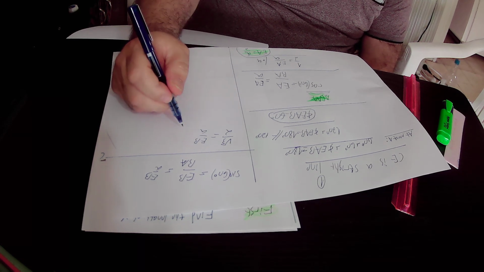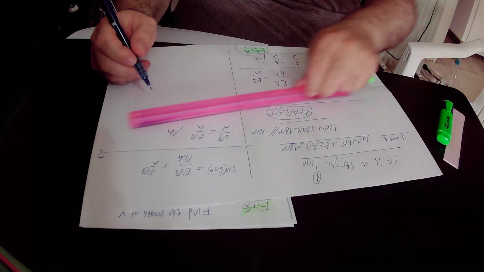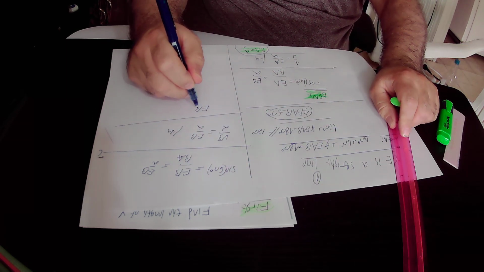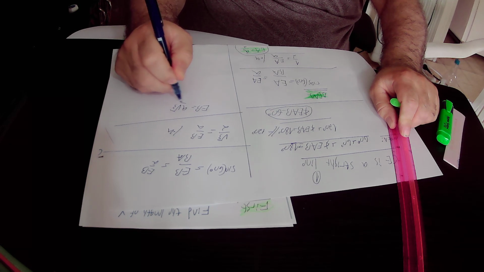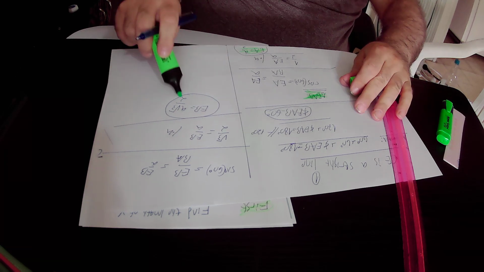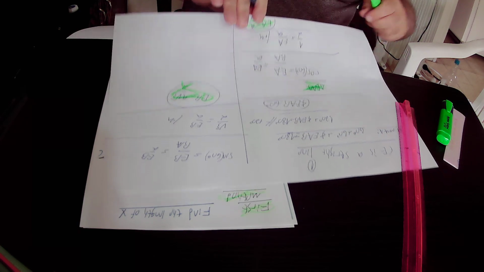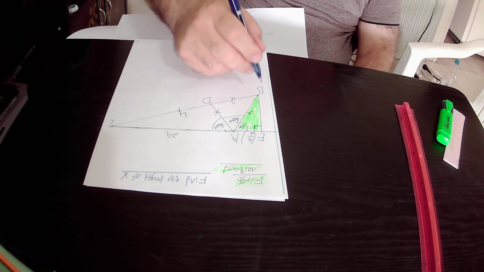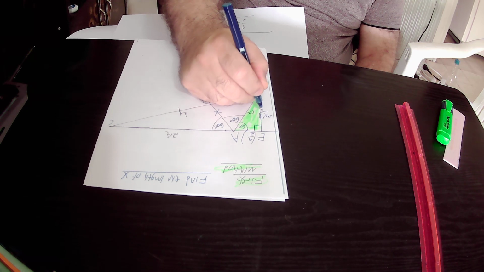Here we multiply this equation by A, and we get that EB equals A times square root of 3 over 2. Okay, we found out that EB equals A times square root of 3 over 2 units.